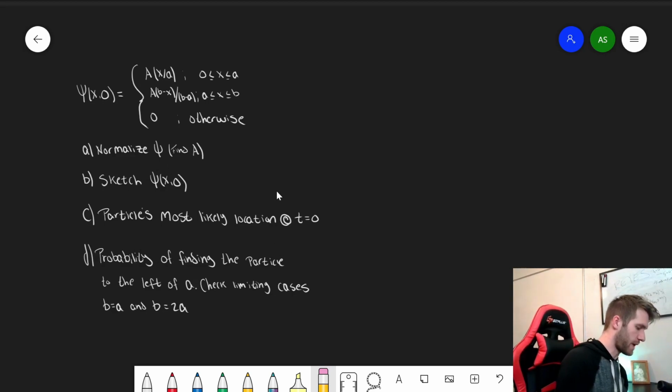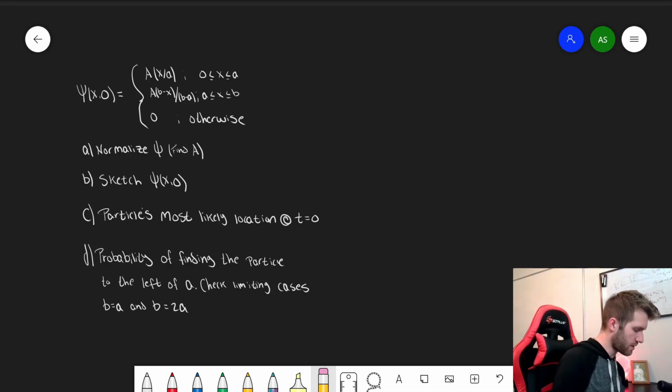What we have first is our wave function, set up as a piecewise function. Between 0 and a, our value is going to be A times x over a, and where x is between a and b, it's going to yield A times b minus x over b minus a, and anything outside of those bounds is going to be 0.